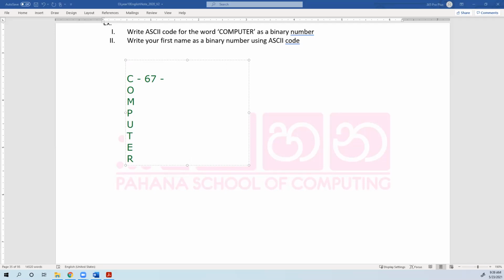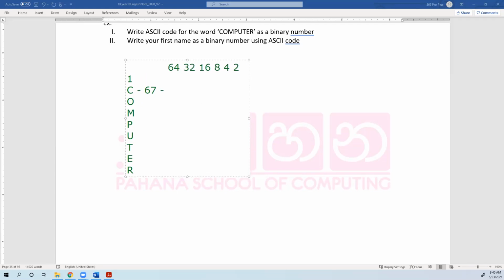Remember I told you, you have 1, then 2, then 4, 3 bits, then 8, 4 bits, then 16, 5 bits, then 32, then we have 64.